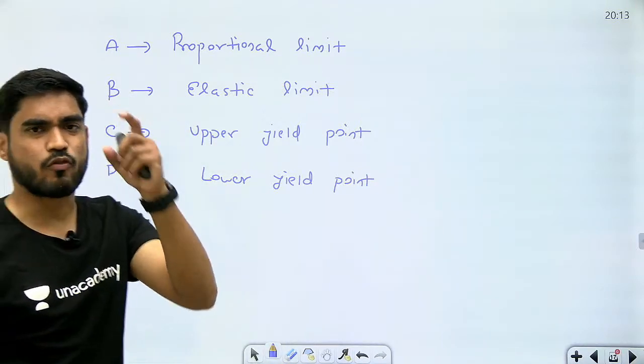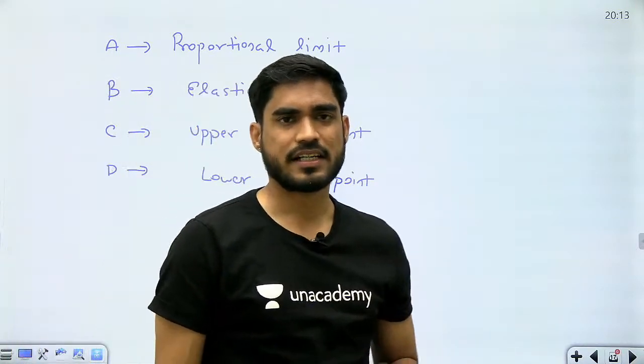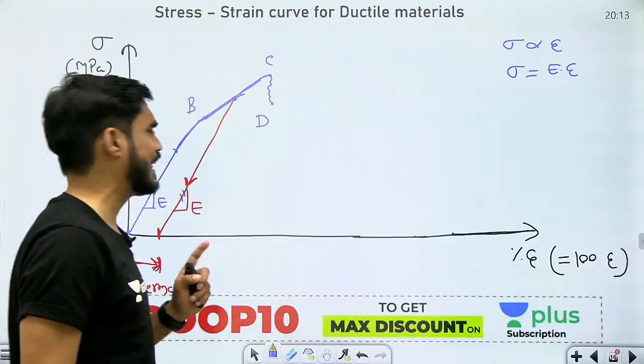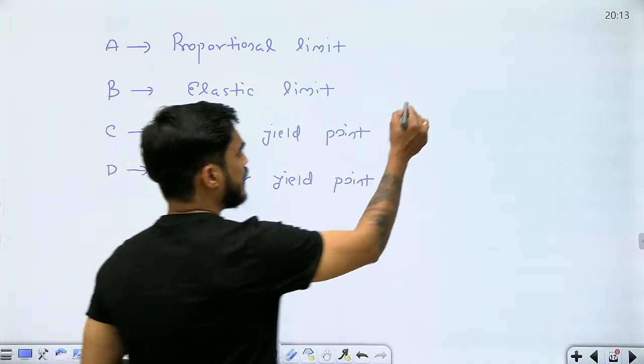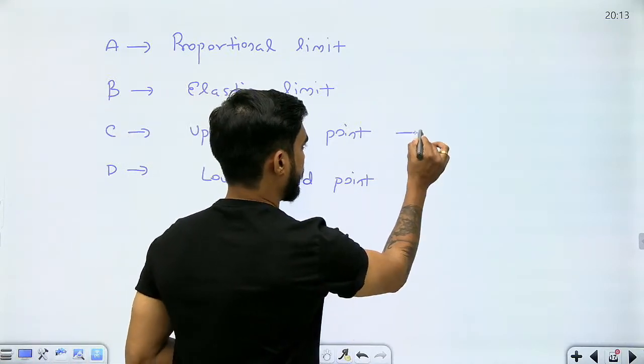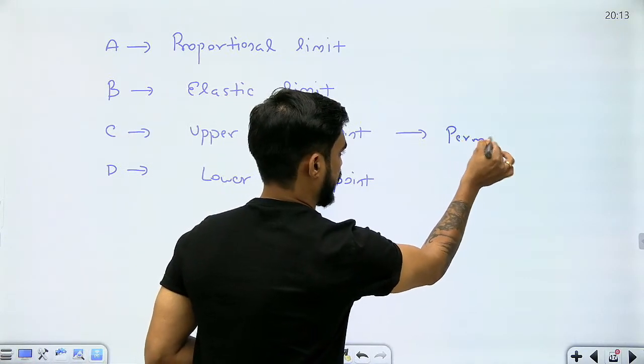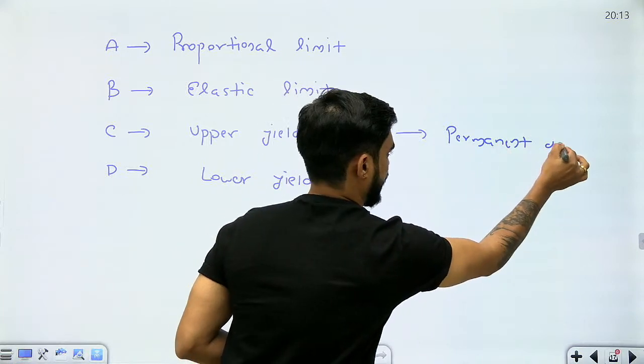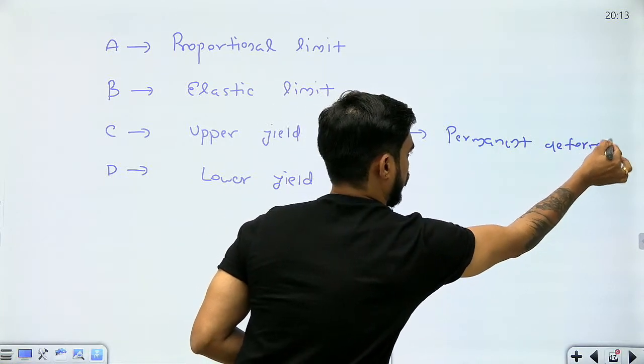Now understand what yielding is. Yielding means permanent deformation.